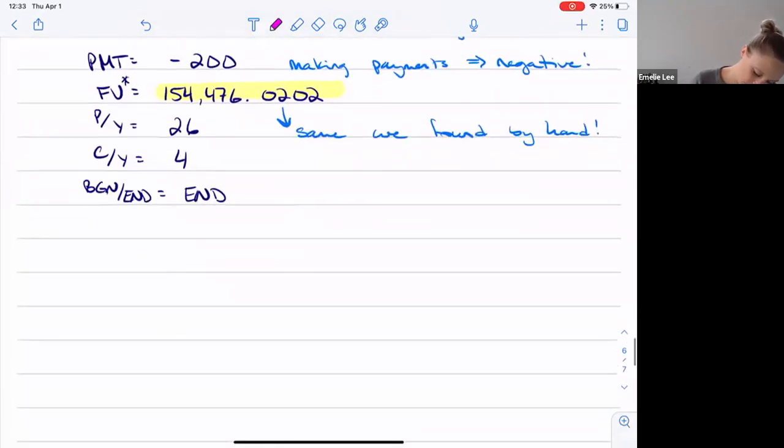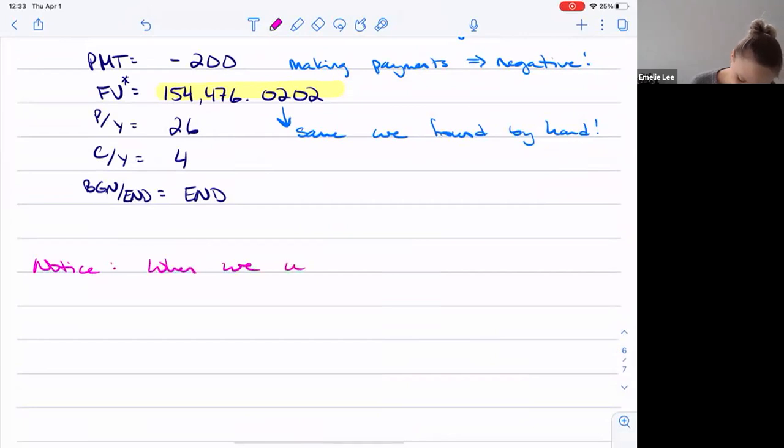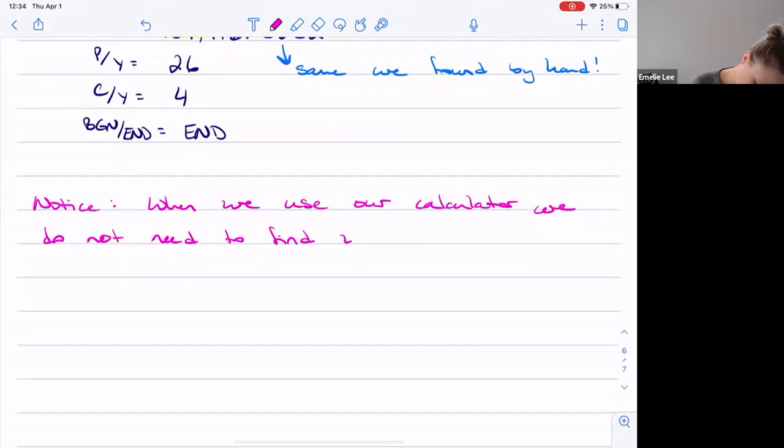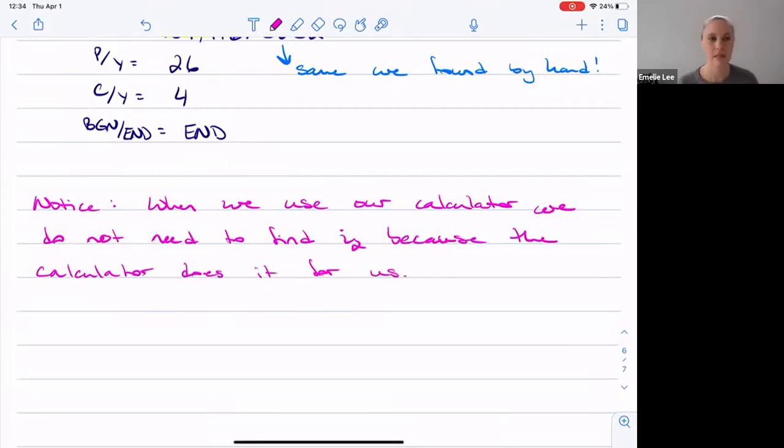And so notice when we use our calculator, we do not need to find I2 because the calculator does it for us. So that's nice, right?